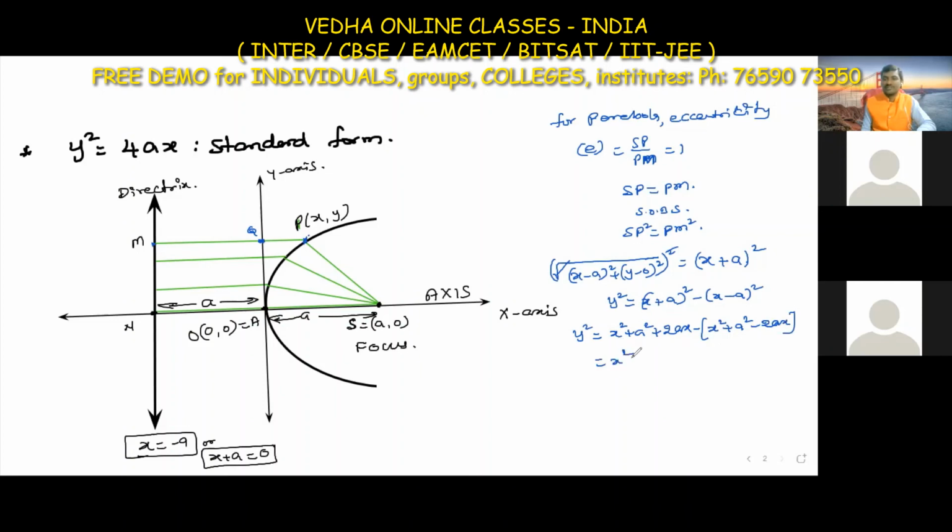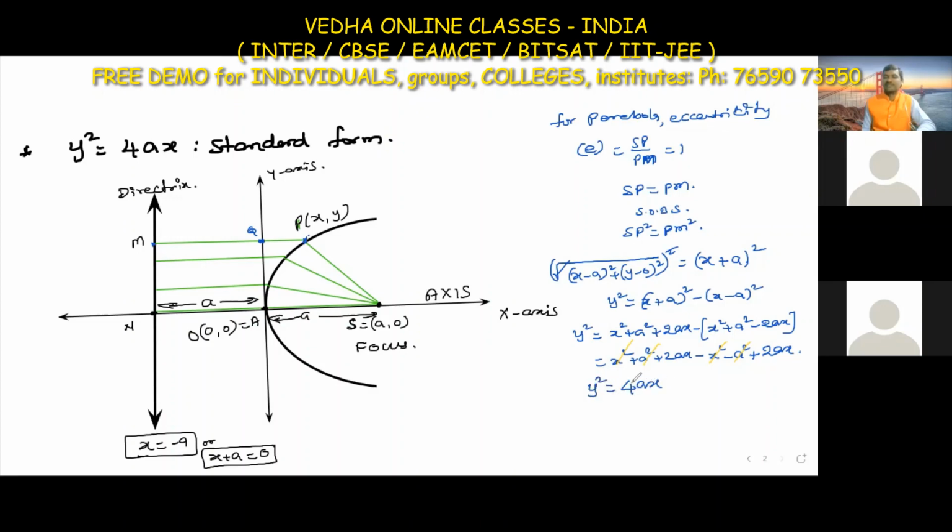Now x squared minus x squared cancels, a squared minus a squared cancels, and 2ax plus 2ax becomes 4ax.